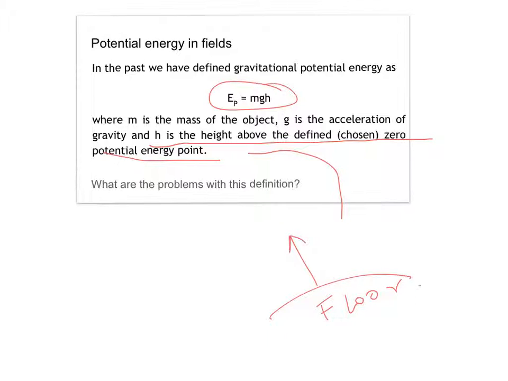So we lift something up, we have that change in height, we could use it to find the potential energy gained, or simply work out the GPE by using the height it's moved to.